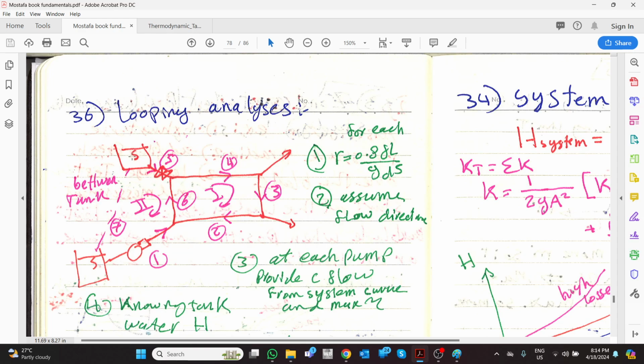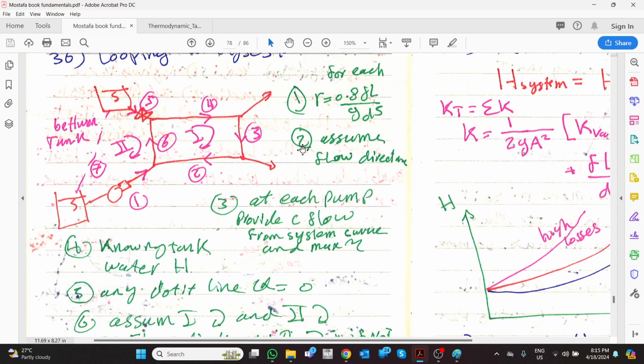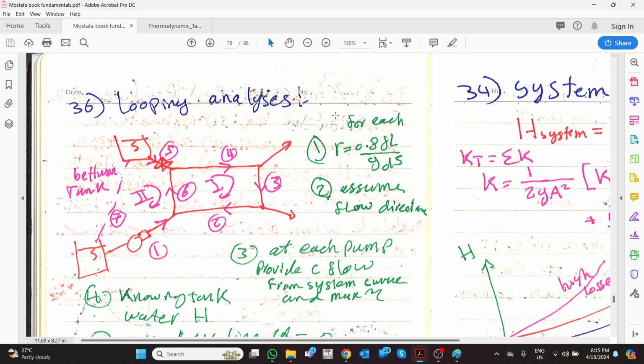Looping analysis means you have one or two inlet points or pumps, but you don't know where the water is going to go. For example, the water can go from here to here, or from here to here and loop again. You don't know. So we call it looping analysis. I know it's not related to CFD, but we're going to open it.